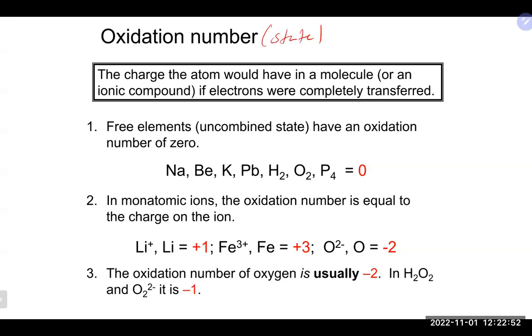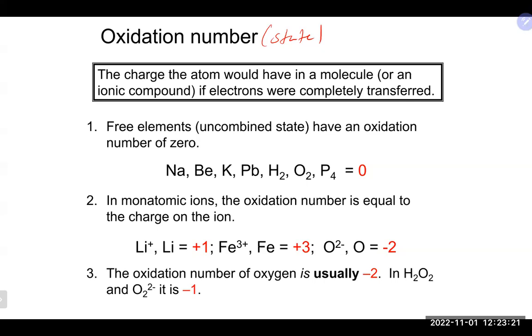The oxidation number is basically the charge the atom would have if all the electrons were completely transferred. Oxidation states and numbers sometimes confuse people because up until this point, they beat into your head the charges that you need for ionic compounds, like bromine is -1, chlorine is -1. And when you assign oxidation states for ionic compounds, they will still be those charges.